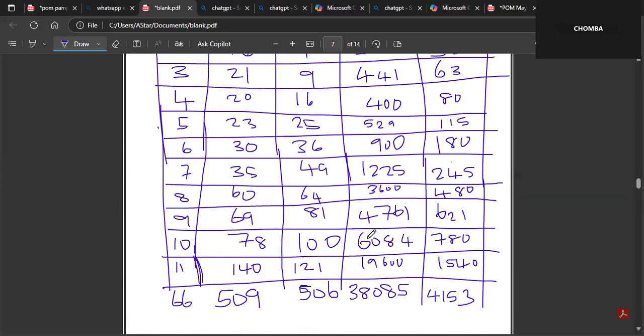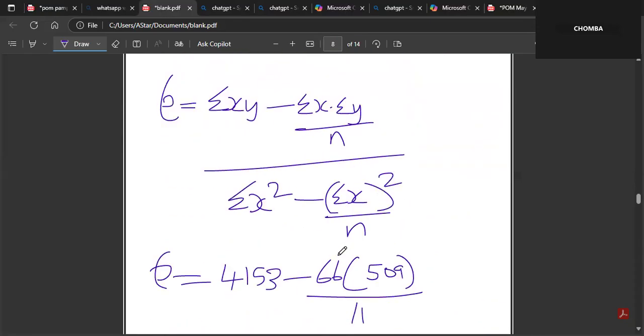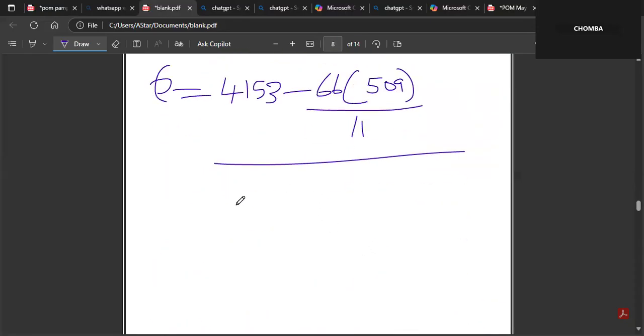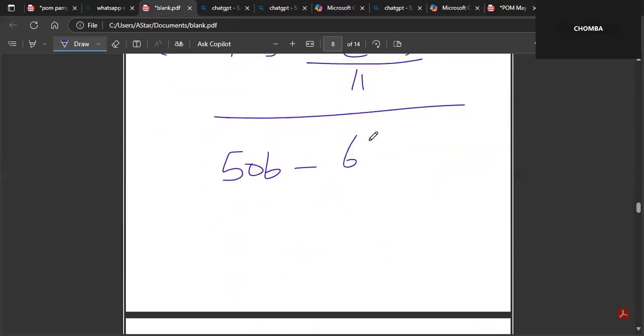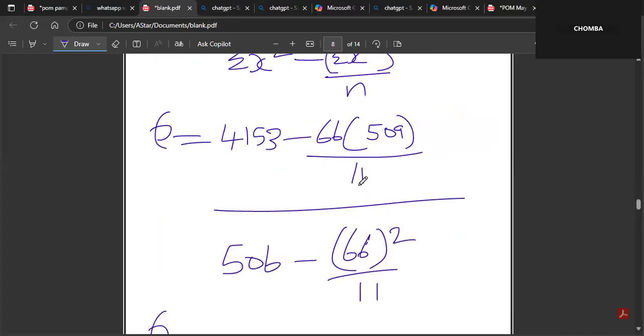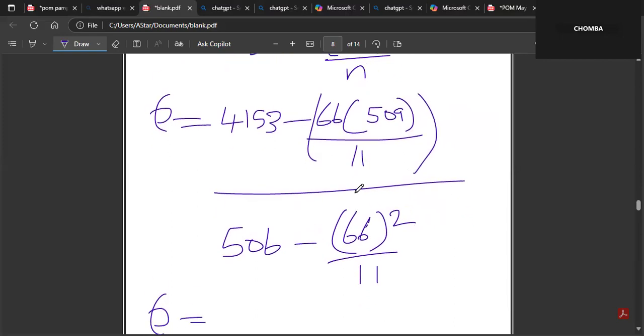Summation of x square is 506 minus summation of x, 66, squared over 11. So for this one, use BODMAS. Give me the answer if you can.